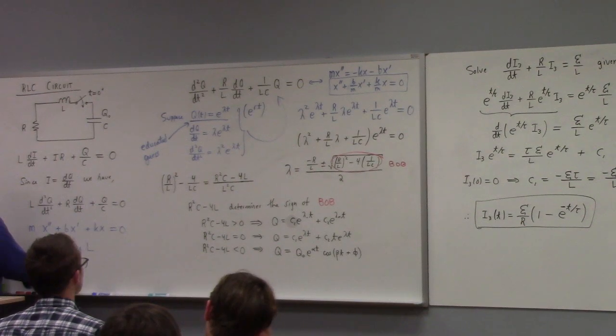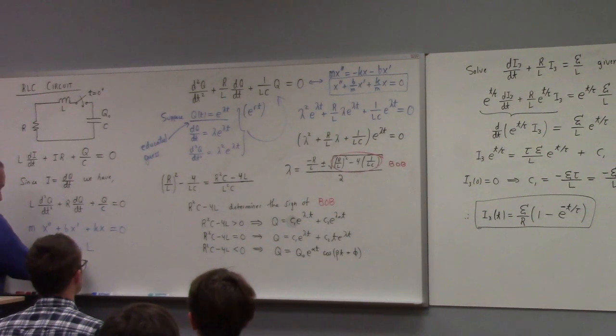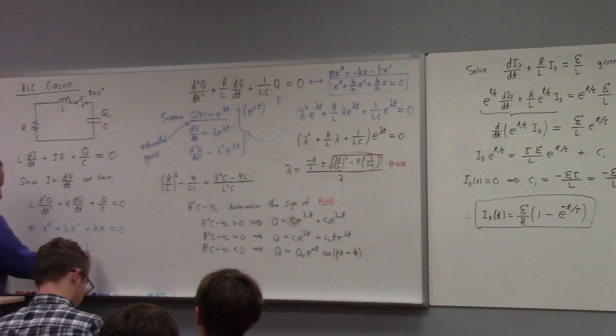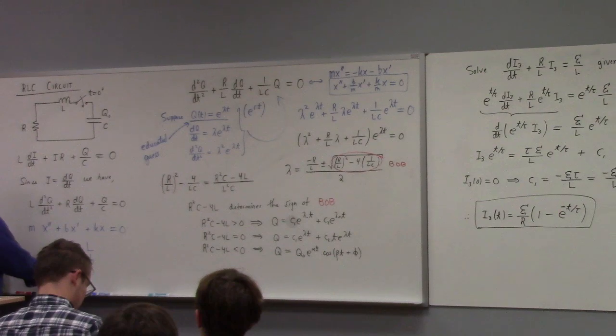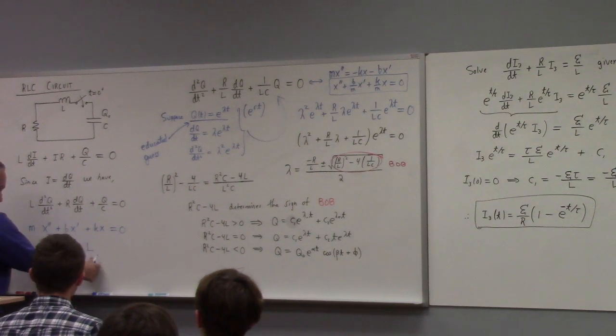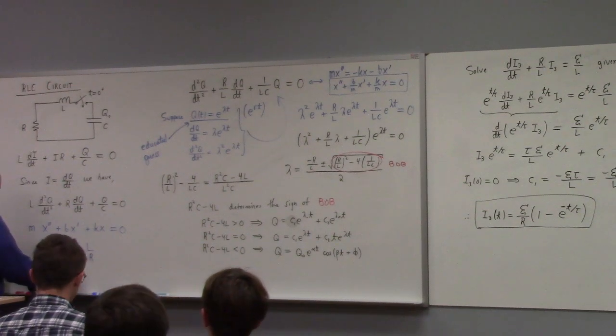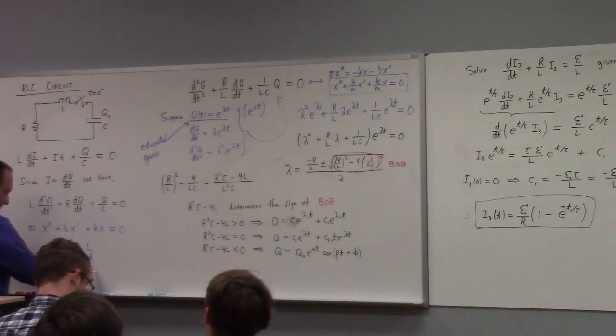The resistance is like the coefficient of friction, and the spring constant, oh man, I seem to have switched my analogy. B is like resistance, and the spring constant is like the reciprocal of capacitance.